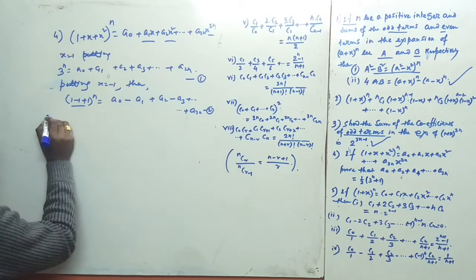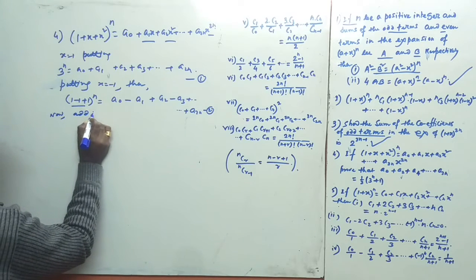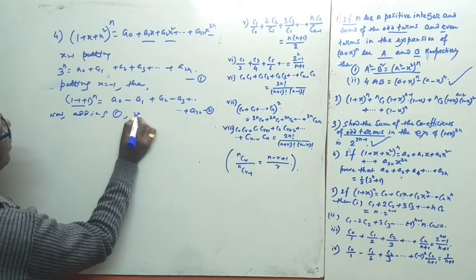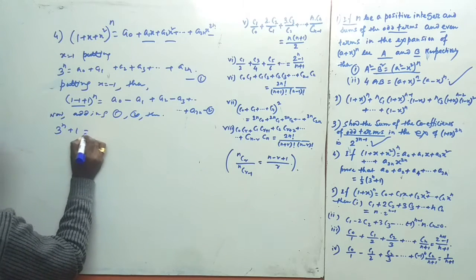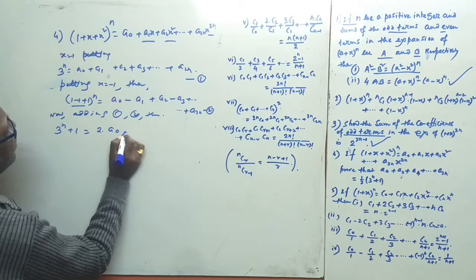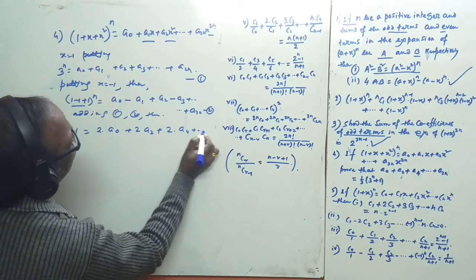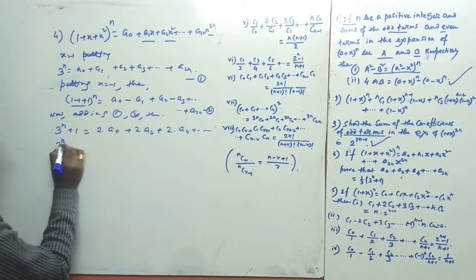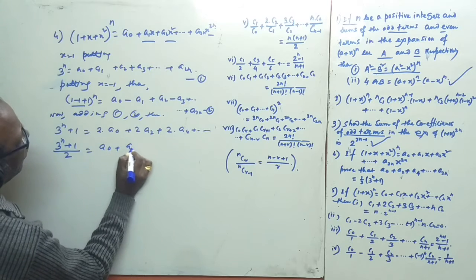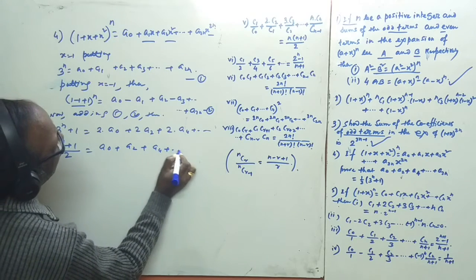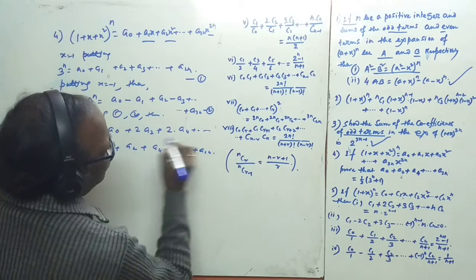Now adding 1 and 2, then 3 to the power n plus 1 equals 2 into a suffix 0, 2 into a suffix 2, 2 into a suffix 4, and we get the answer: 3 to the power n plus 1 divided by 2 is equal to a0, a2, a4 here, and that is equal to a suffix 2.